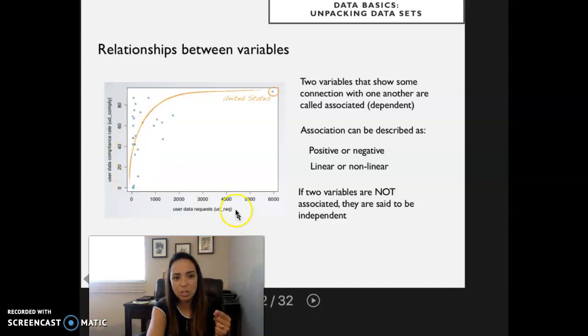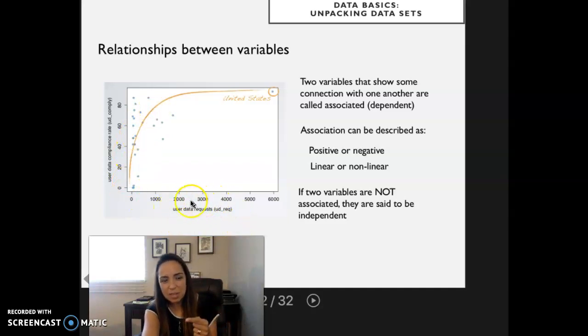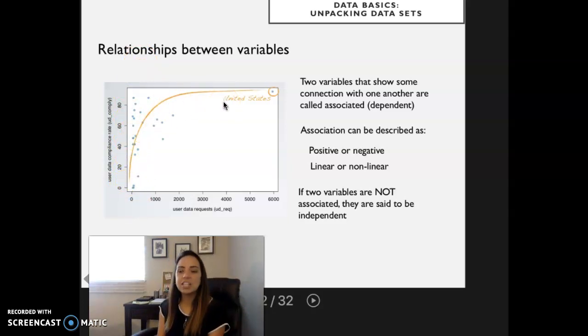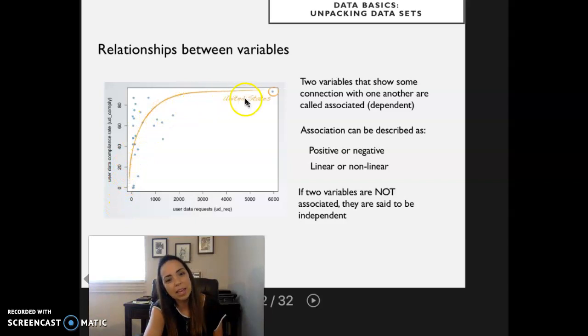But is this relationship linear or nonlinear? If you said nonlinear, you're right, because it's not well described by a line. It's better described by a curve.